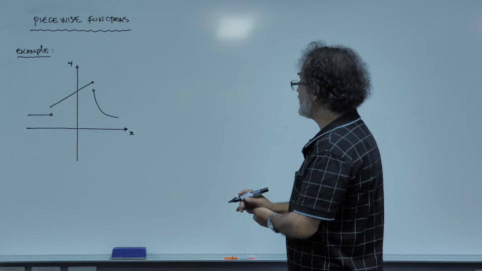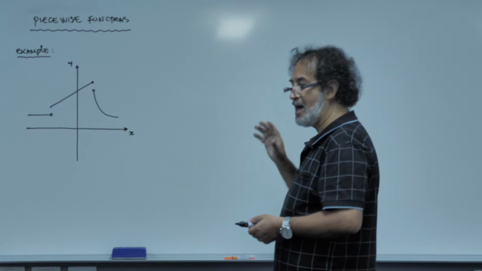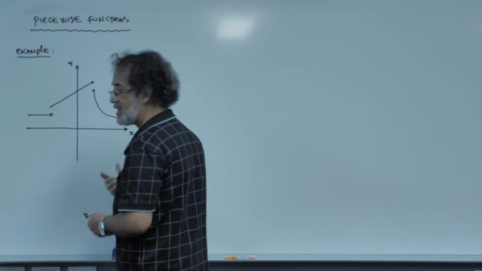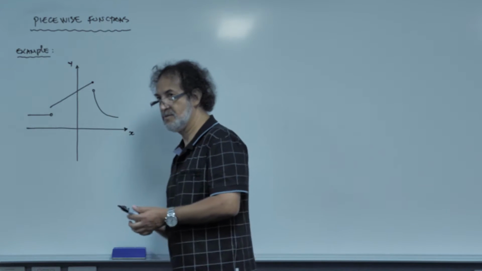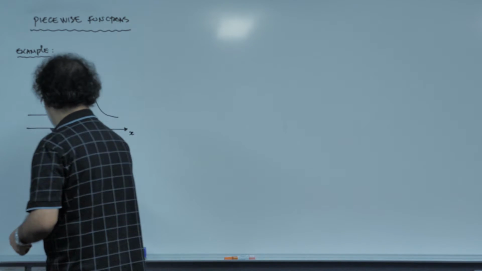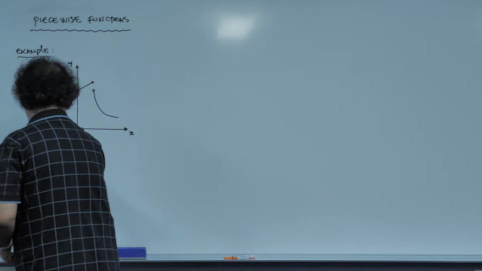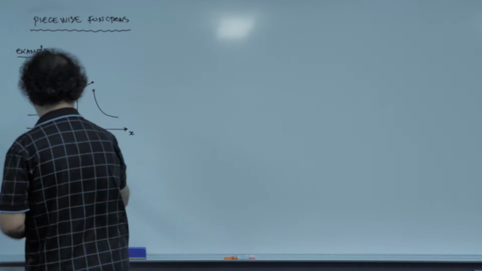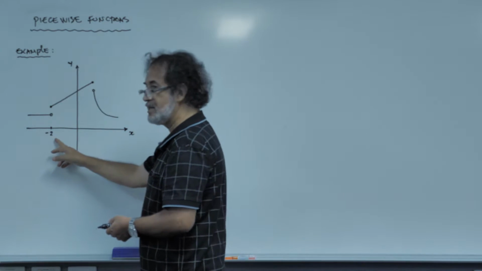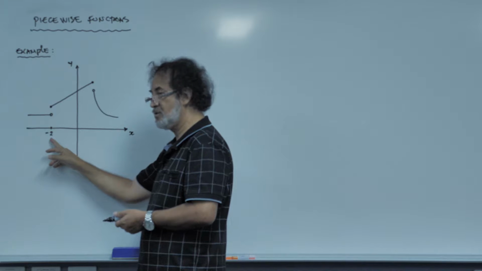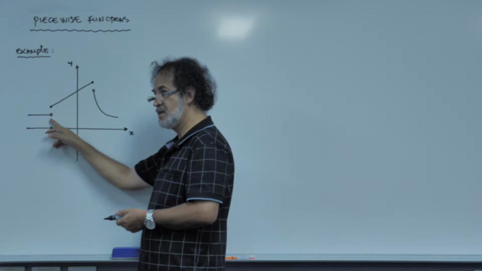All right, and we call this a piecewise function because this function is made up of three different functions, all right? So I mean that in this interval, let's say that this is, say, -2, up to but not including -2, you behave like this.